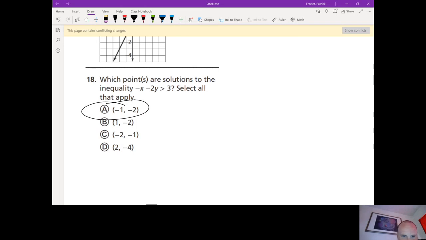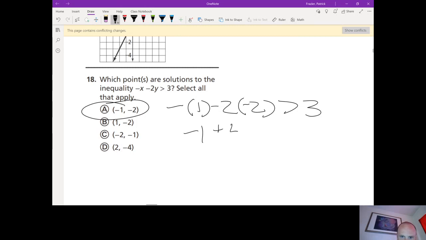B. We have negative on the outside and then 1. So negative 1 times positive 1, minus 2 times y, which is negative 2. And then that is supposed to be greater than 3. Is it though? Negative times positive 1 is just negative 1. Negative 2 times negative 2 is 4.